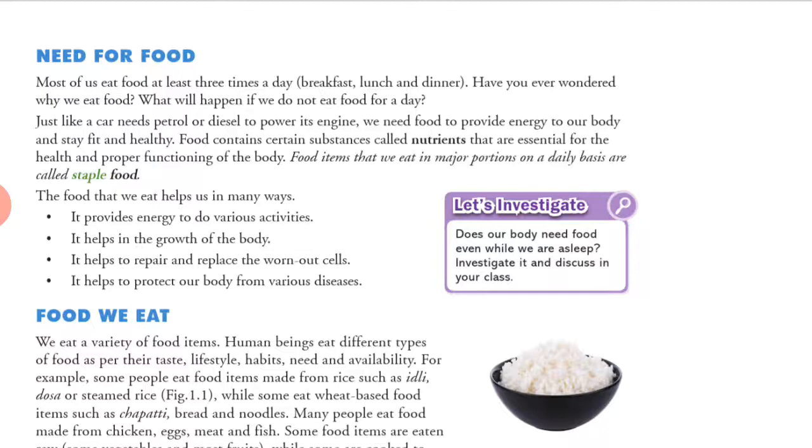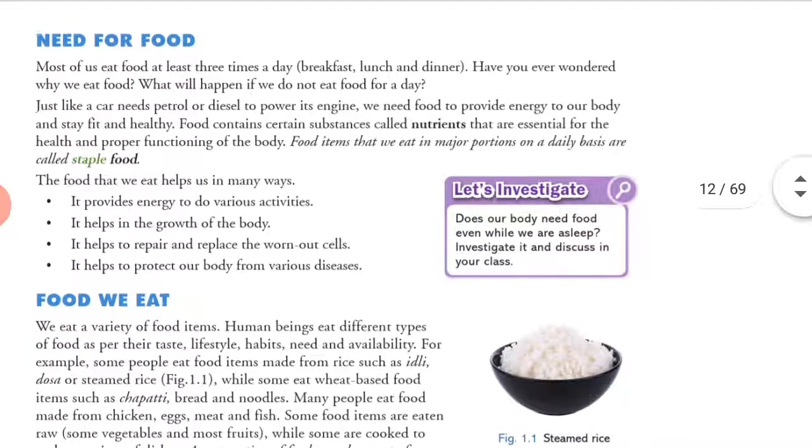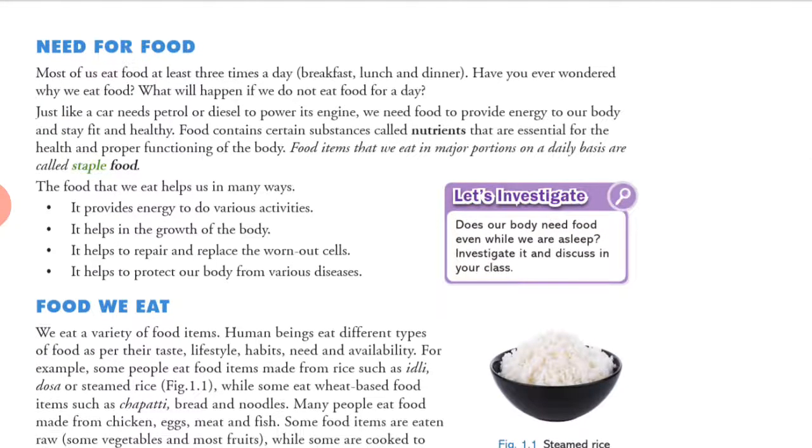That's why we need food. If we don't take food, then our body will not get energy. There will be no growth of our body. There will be no repair of worn out tissues or cells. And we will not be able to protect ourselves from various diseases. That's why we need food.